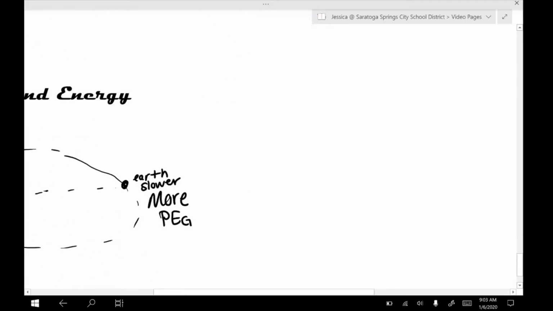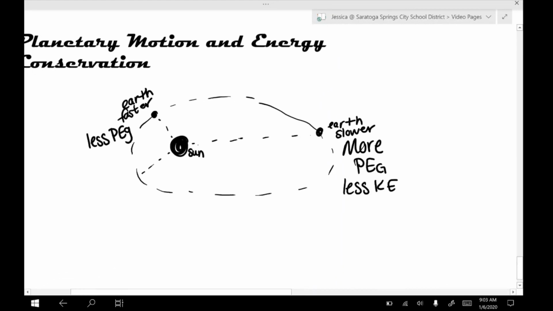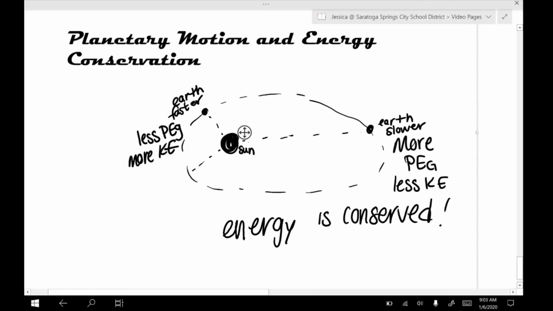So we have more PEG the farther we get away from the object, which means we have less kinetic energy. And then when we get closer to the sun, we have less PEG, so we need to have more kinetic energy because energy is conserved.